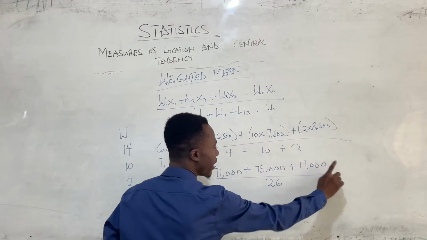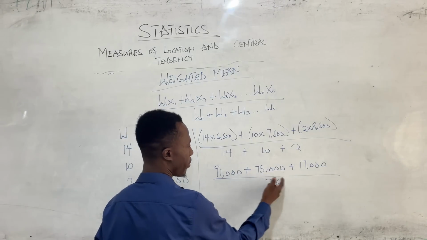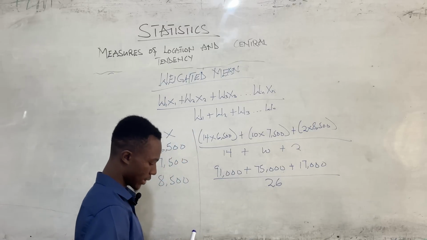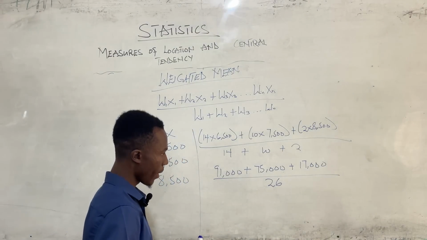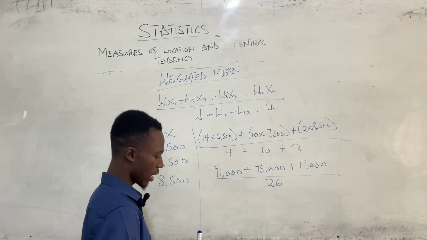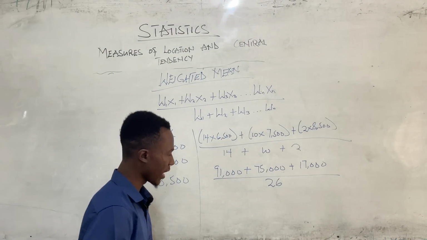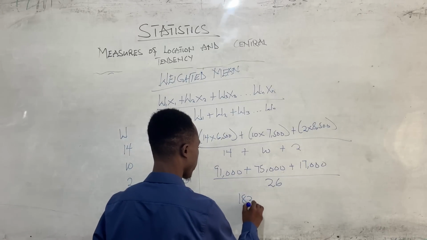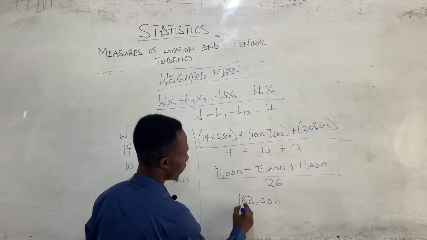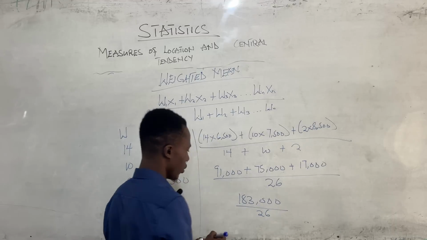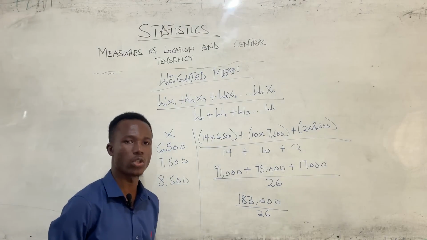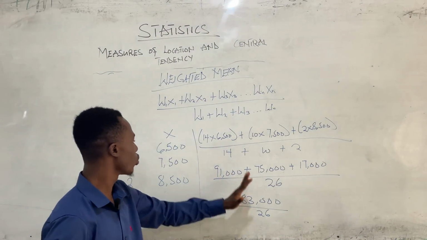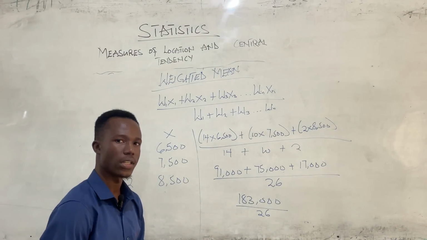Now you add everything here because you see the plus: 91,000 plus 75,000 plus 17,000. That is 183,000, divided by 26. This 183,000 is the total salary that is supposed to be shared among 26 employees.